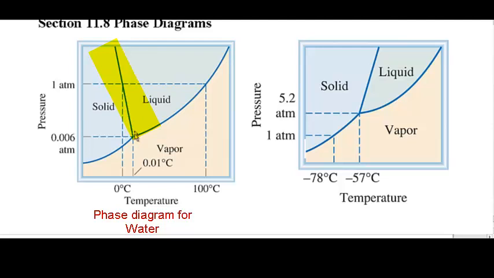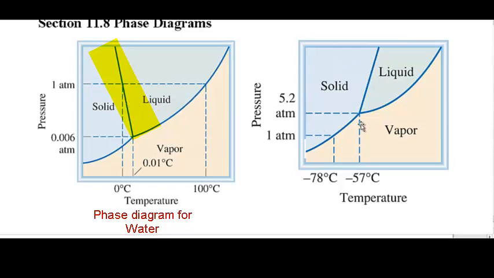Or on the flip side, if I lower the temperature of water, my pressure is actually sort of taking this trajectory. So that makes water very strange because of that negative slant.